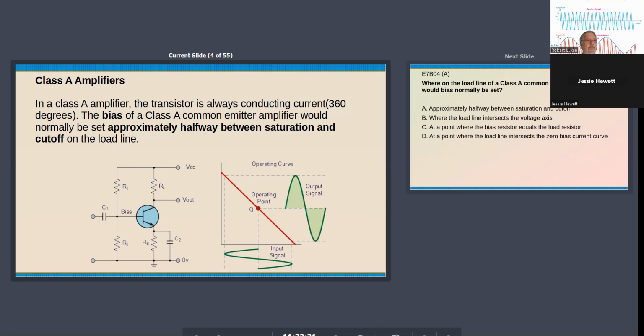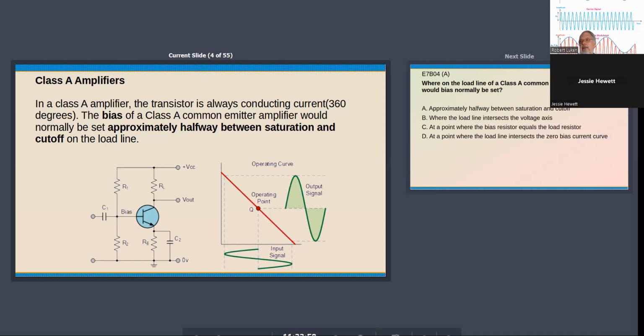So there's no current. You've got your supply voltage, basically VCC, across the transistor. The other end of it is on the horizontal axis, or the current axis, and that's when it's in full conduction. So it looks like a short circuit.